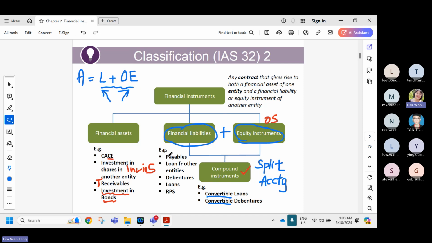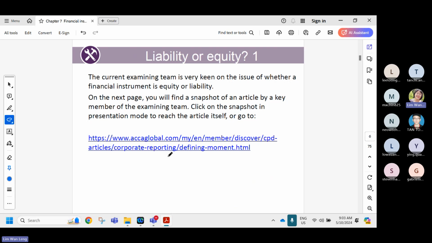So that's why there is one particular article that talks about whether the financial instrument is equity or liability. Since they are on the same side, they seem alike, but actually they are not the same. So it is important for you to know the characteristics of the equity instrument and the characteristics of the liability component.